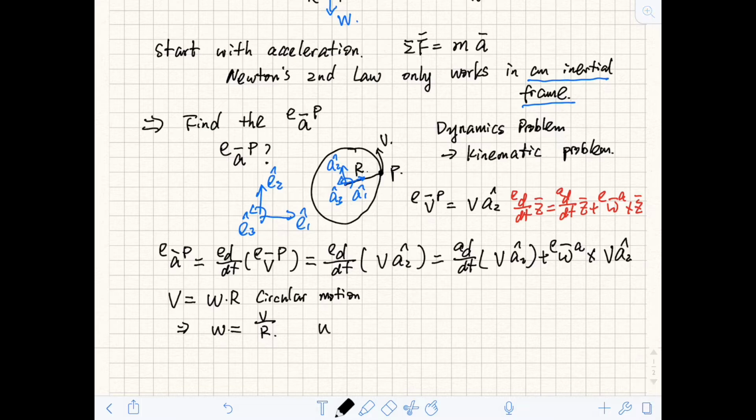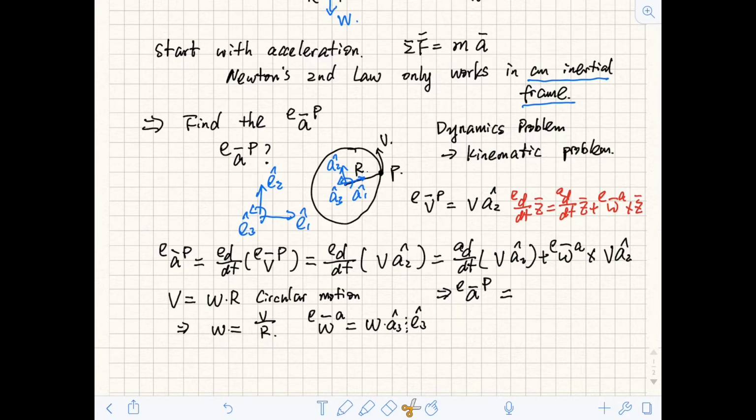Now, what's the angular velocity in the original equation? We have the angular velocity of A in E equal to the magnitude times the direction, which is A3 or E3. So we get the acceleration of point P in E equal to the derivative of V A2 hat. What's the derivative of V?